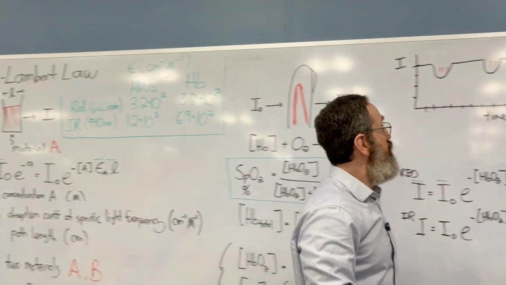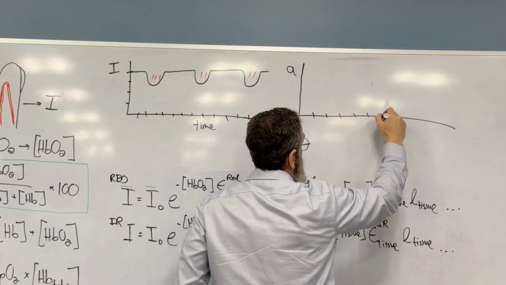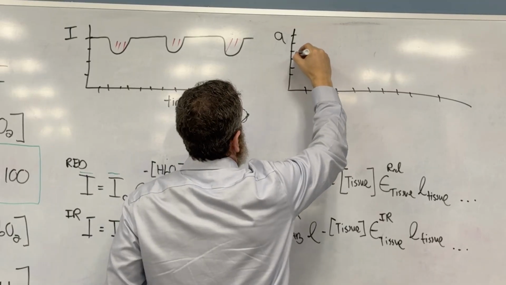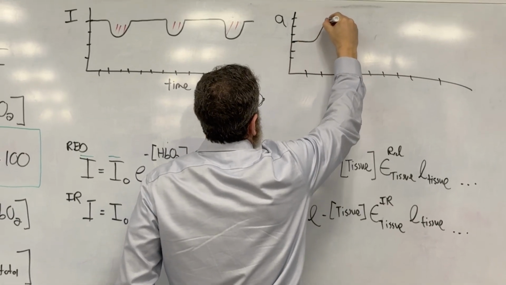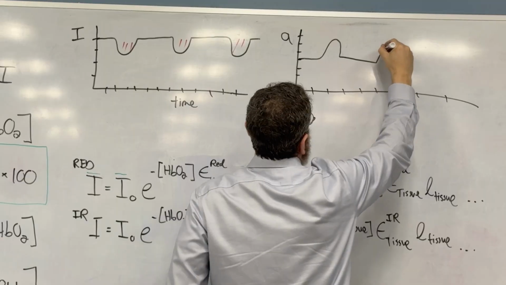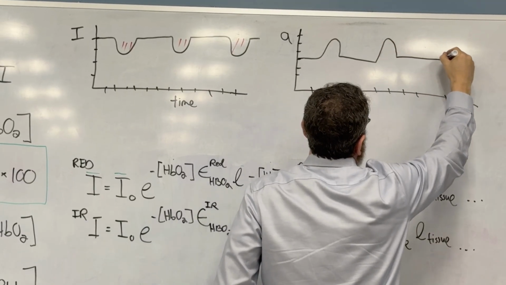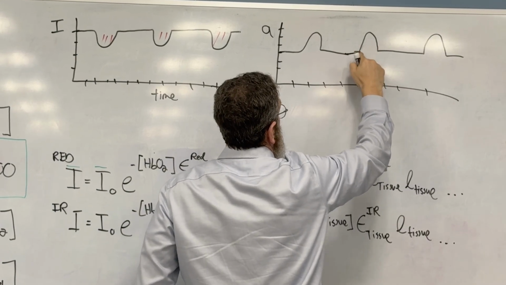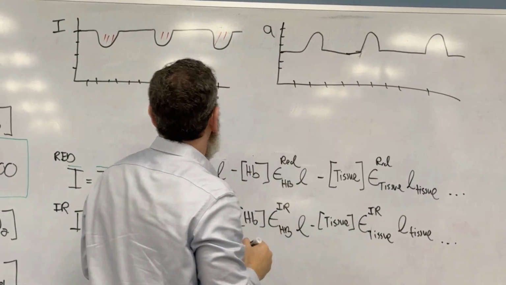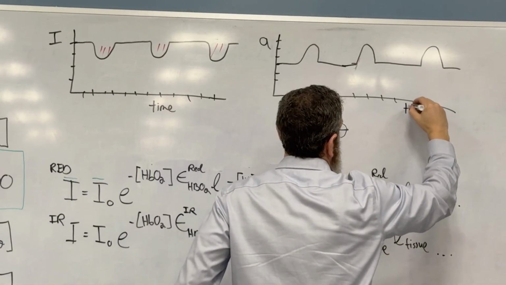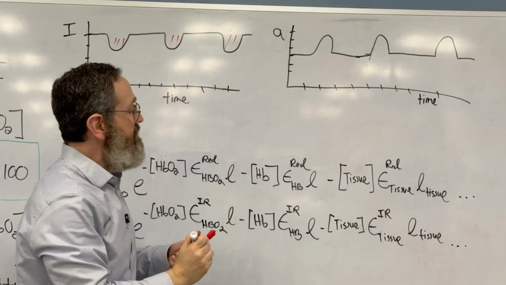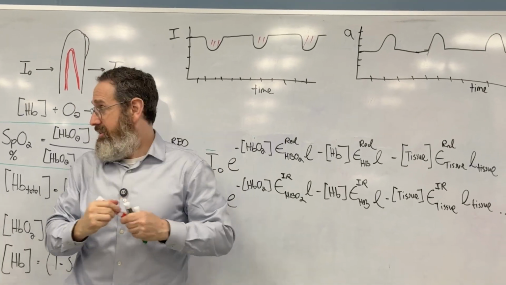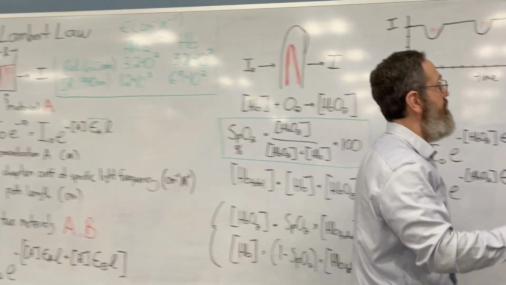So the way you understand this is that you have a level of absorption, and then the absorption is going up. The reason the light intensity is dropping is because we're getting a bump in absorption. That's what it means. One is up and the other is down.